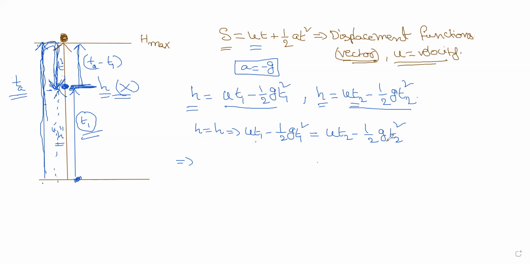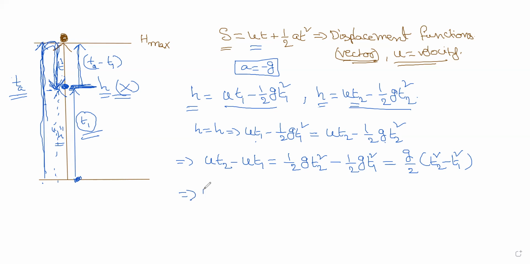Now ut1 let us send this side, and half g t2 square this side. So ut2 minus ut1 I will get, that is equal to half g t2 square minus half g t1 square. So this is g by 2 into T2 square minus T1 square. Here we get u into T2 minus T1.